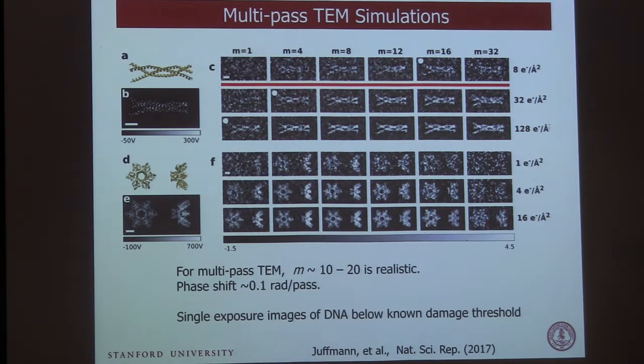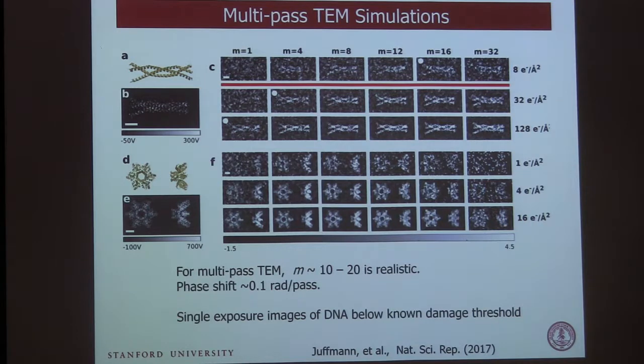You can also just look at it by eye and say, hey, that image there looks just about as good as that image there. Here I had 16 times the dose on only one pass, and I look like I'm getting just about the same information as what I get when I go through 16 times with a much lower dose.